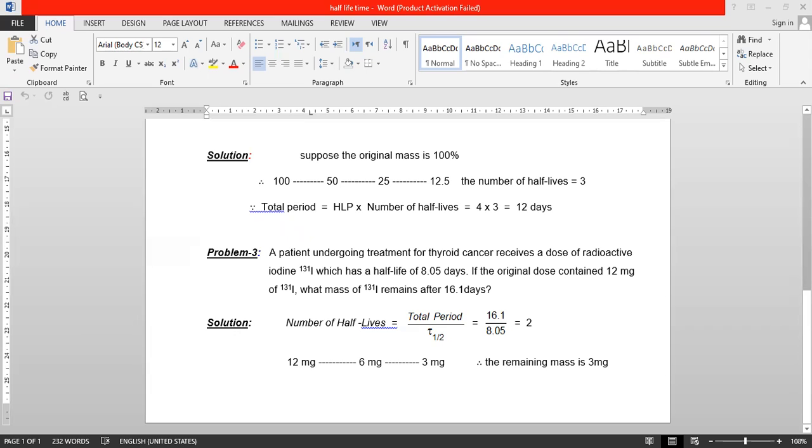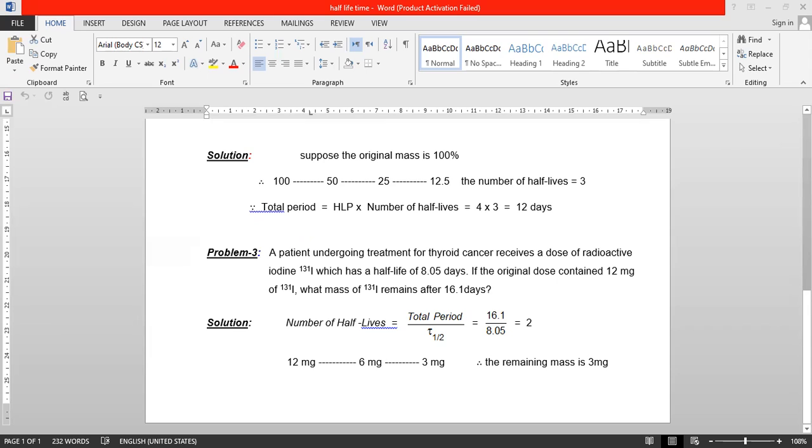Okay, then we're going to take something called transmutation reaction. What is transmutation reaction? Transmutation reaction means conversion of one element into an atom of another element. How can we convert an atom into an atom of another element? In two ways. The first way is radioactive decay.